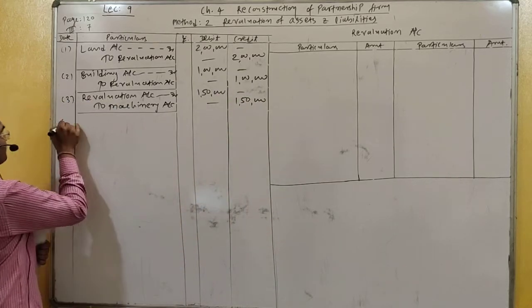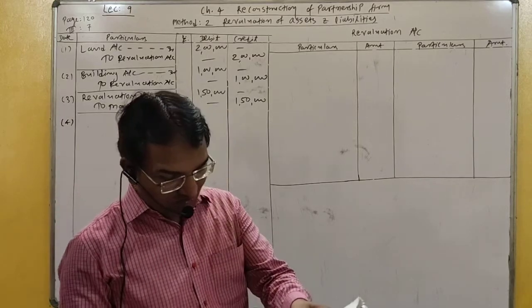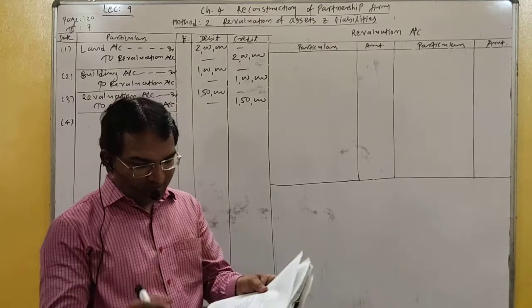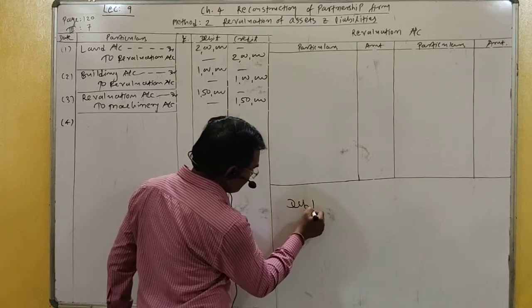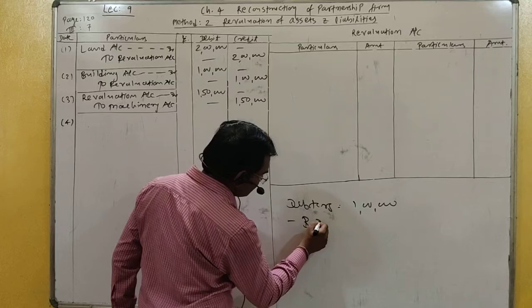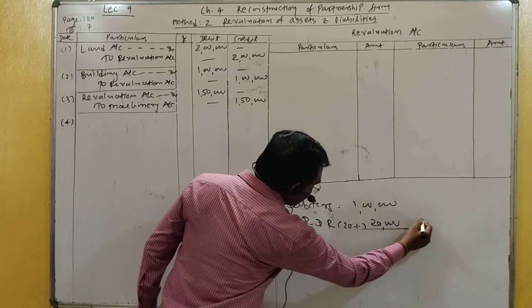Fourth adjustment. Your fourth adjustment is provision for doubtful debt at 20% on debtors. Book value of debtor is 1 lakh, on which 20% bad debt reserve, so 20,000.